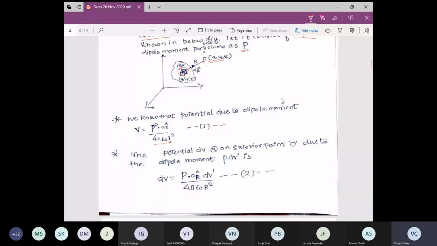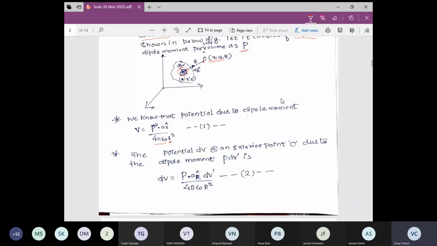First we'll find the potential due to this tiny volume of polarized material, and then we'll integrate to find the potential field due to the complete polarized dielectric material.